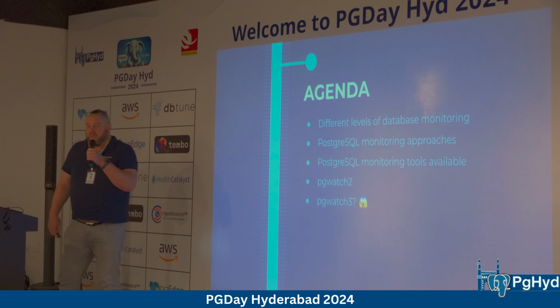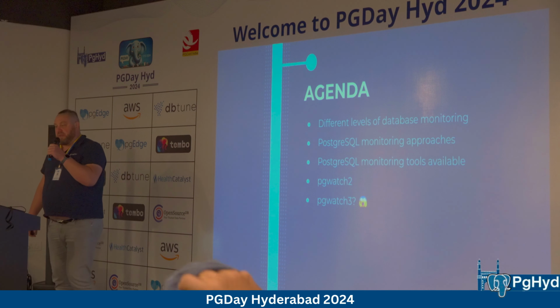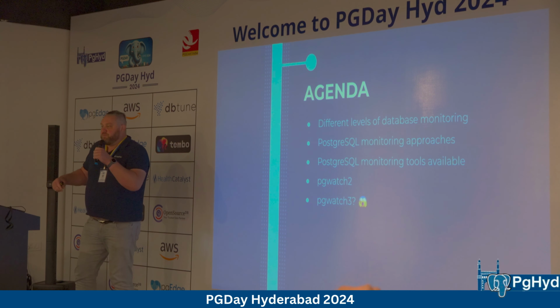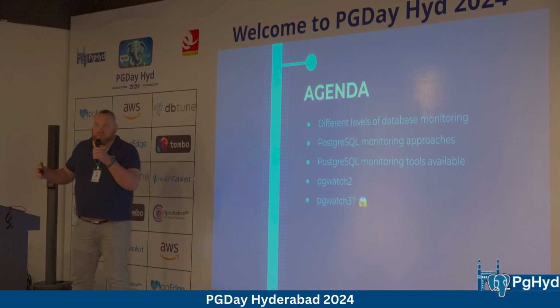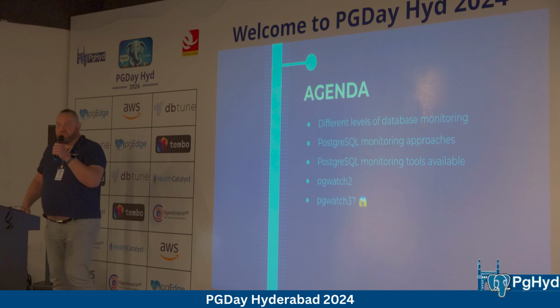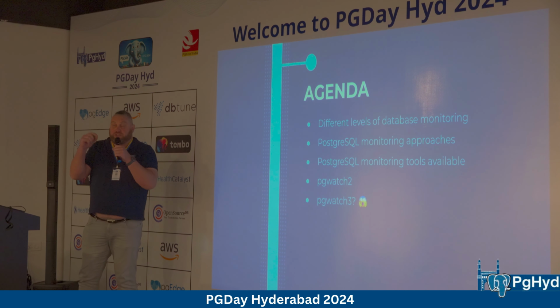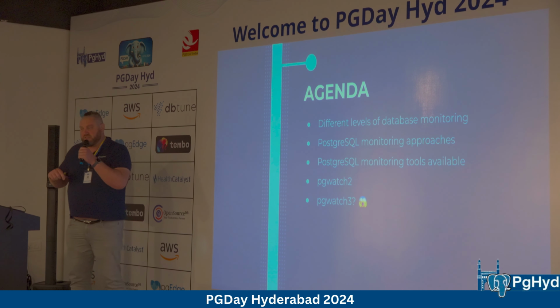So the agenda: I will explain the different levels of database monitoring, what approaches we use for monitoring PostgreSQL servers, and what specific tools for Postgres we have in the field.